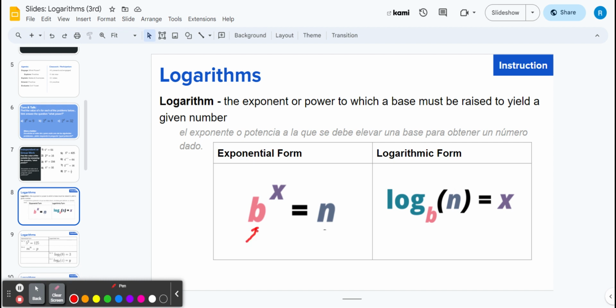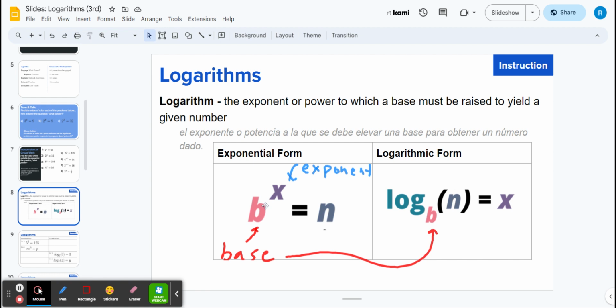If you want to throw some labels in your notes here, I would label b as base. Notice how this shows up in both. And I would label the x as our exponent. Notice how in logarithmic form, we're basically repeating that relationship just in a different order.